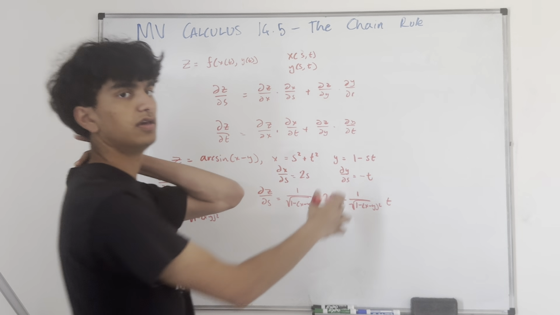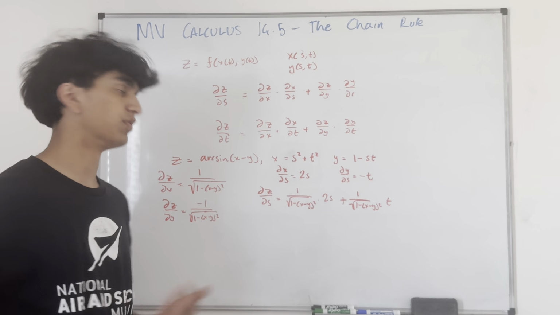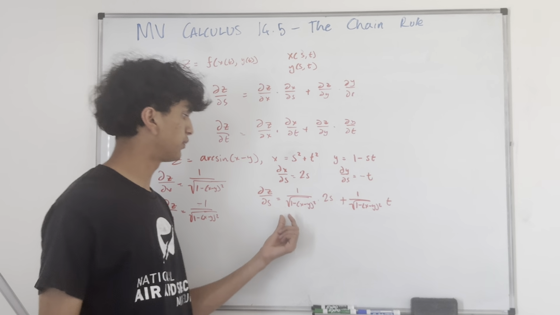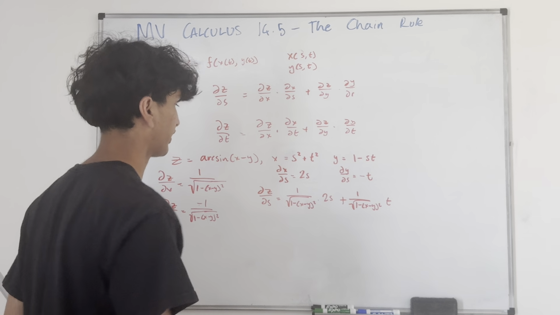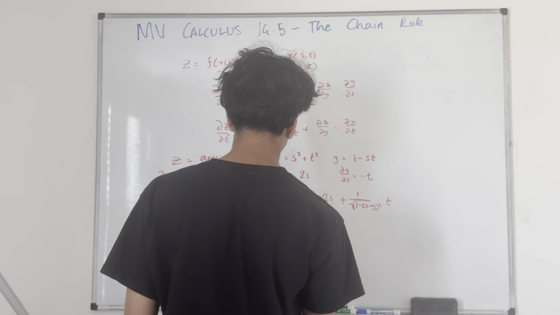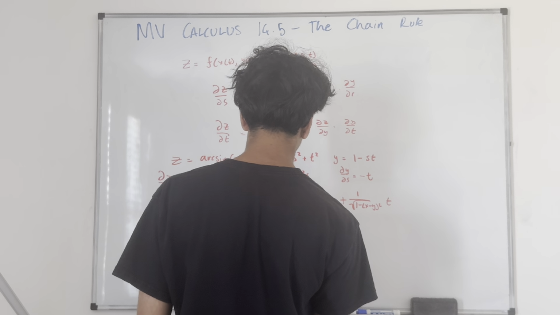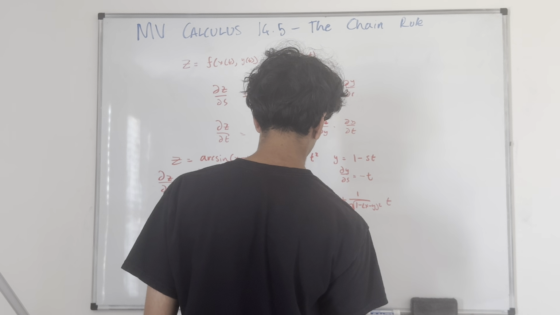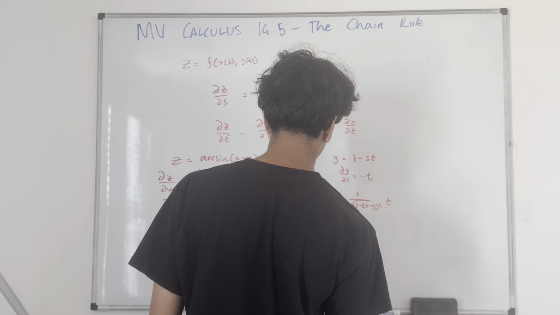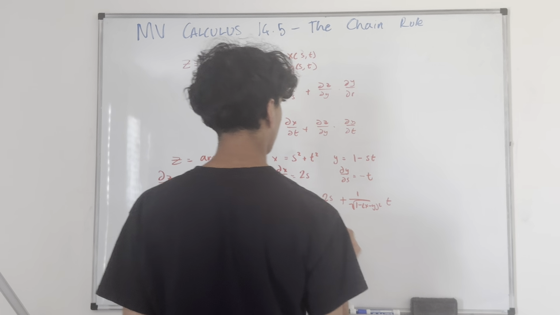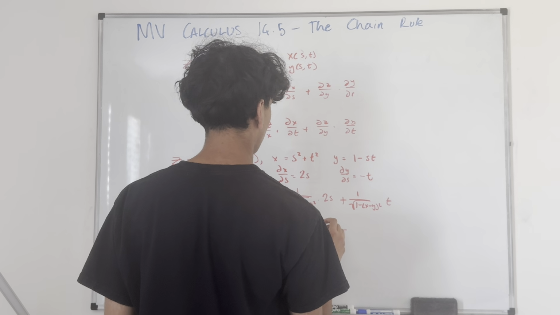So the negative t and the negative 1 here, the negatives both cross off. And this will end up being a fraction with a common denominator, so I can combine this fraction. I get 1 minus x minus y squared, 2s.